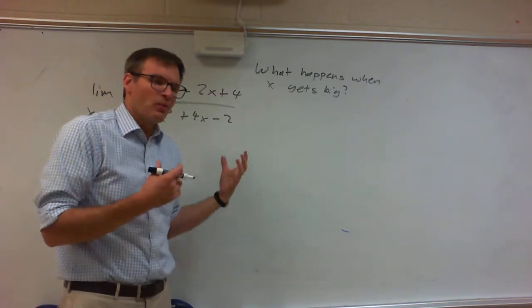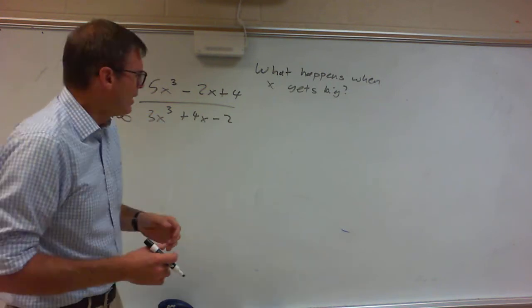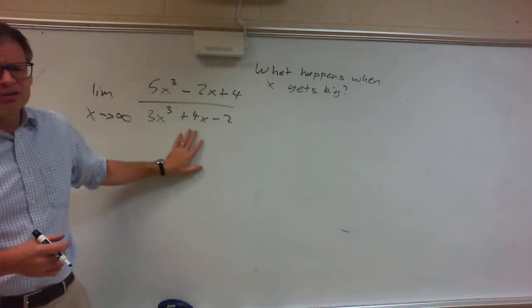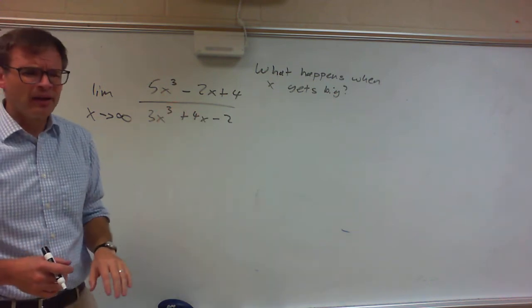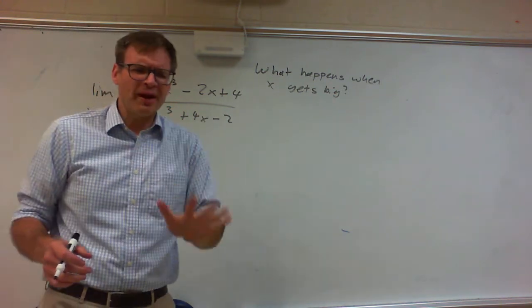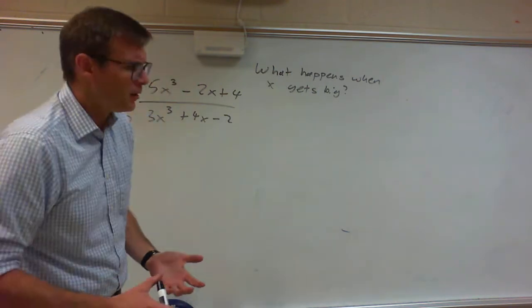The way I always present this is I talk about, let's say I'm graphing this function, and this is a pretty ugly function to graph. If you had to graph that last year without a calculator, it's miserable.